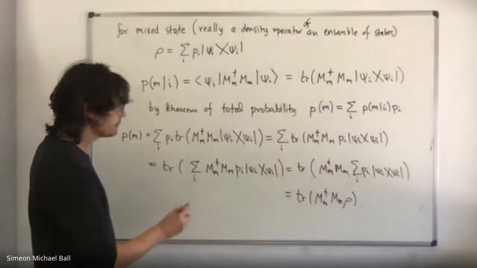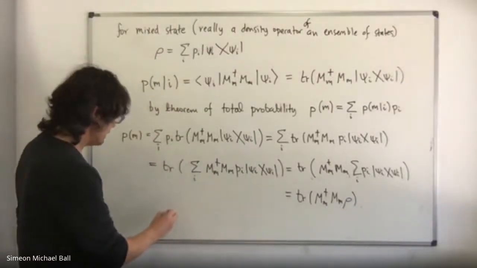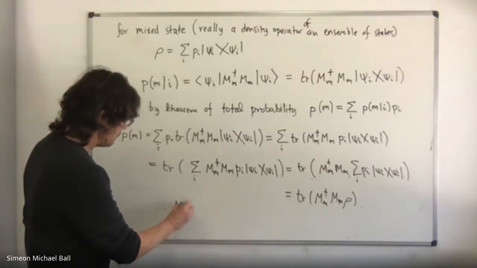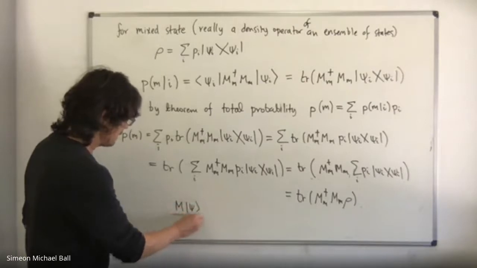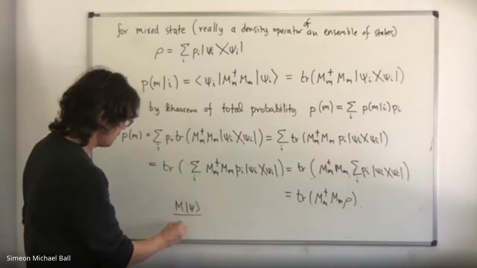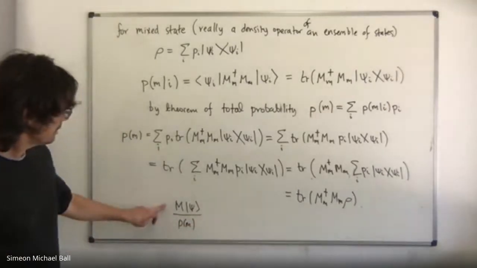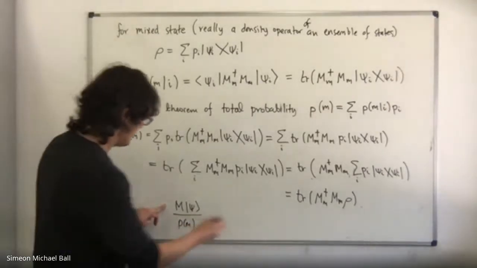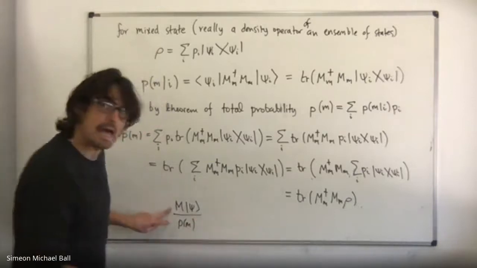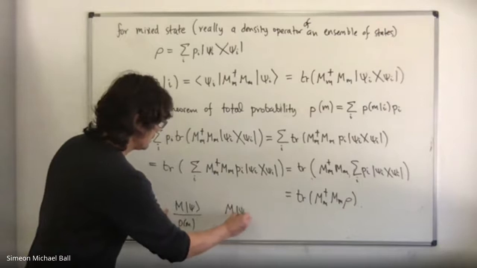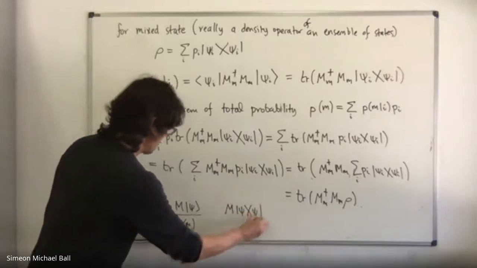Firstly, after the measurement, we saw that for the pure state, we had M of psi over the probability of m.